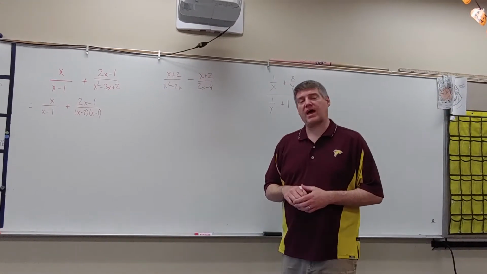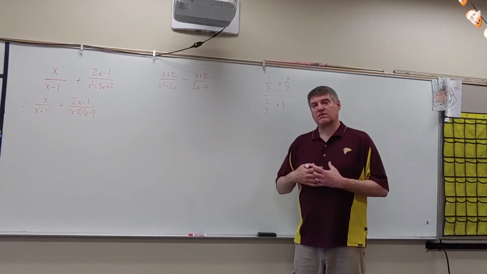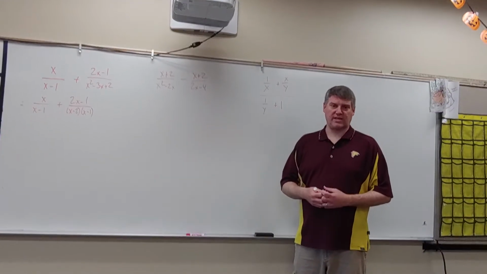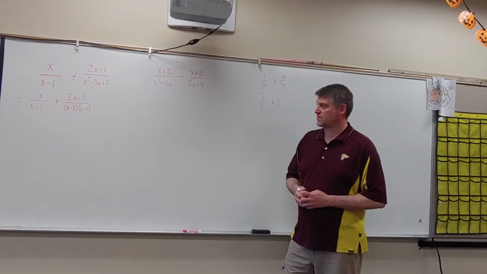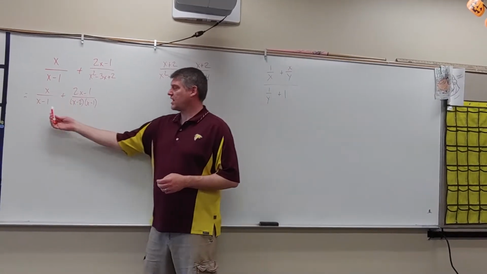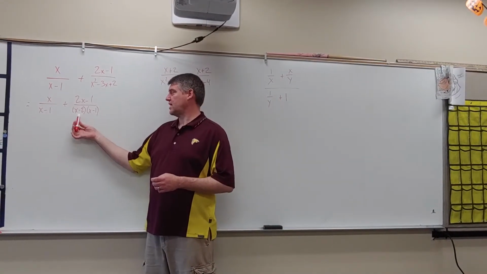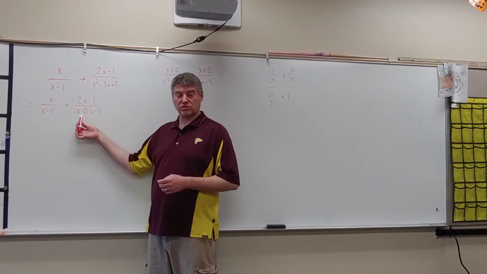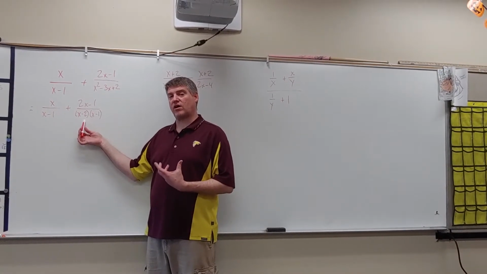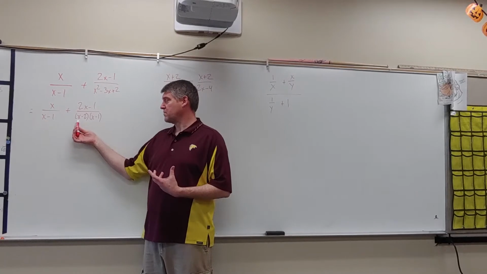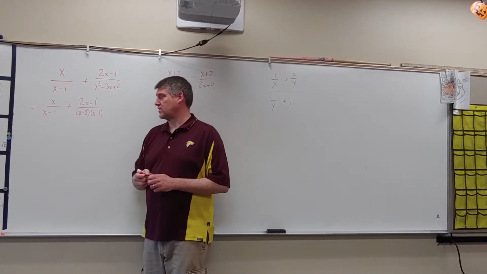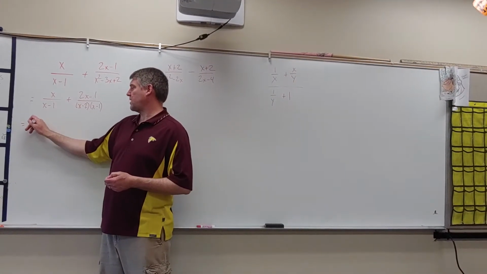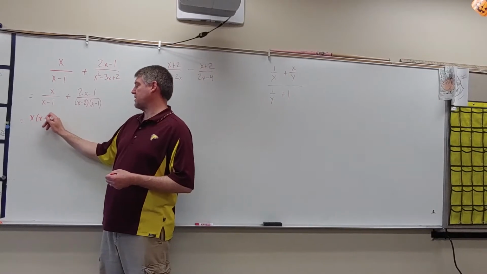So I have to have the same values and then the highest power attached to them. Here, this has an x minus 1, this has an x minus 1 and an x minus 2. I have to have all the different pieces here. So I'm missing an x minus 2 in this first one, so I'm going to multiply top and bottom by x minus 2.